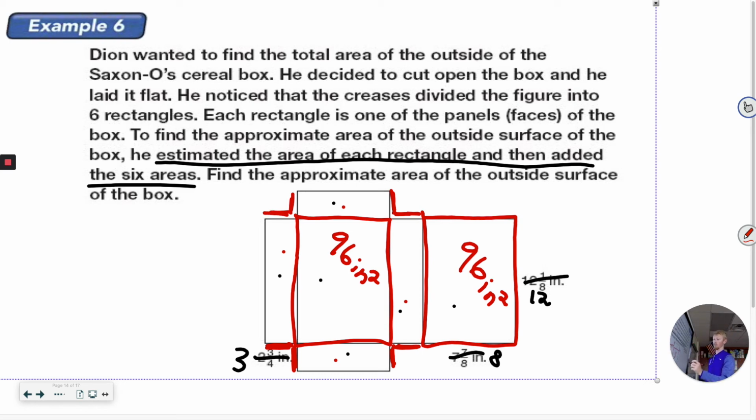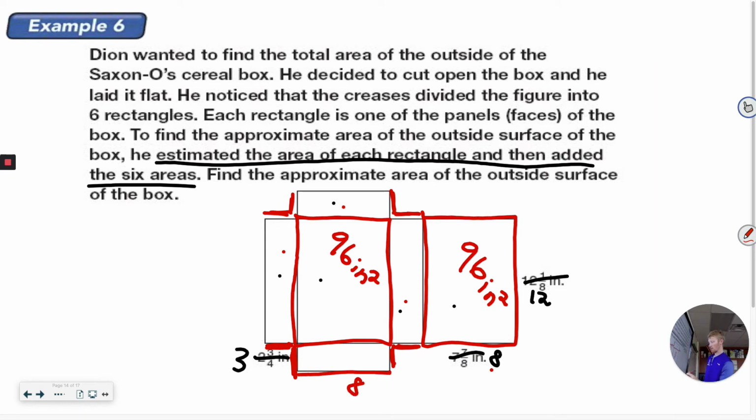So that's helpful here. I can multiply 3 over here times the length of this, which would be 8. So 3 times 8 gives me 24. I know that that's 24. Which means I know that this one, since it's the same shape, is also going to be 24.